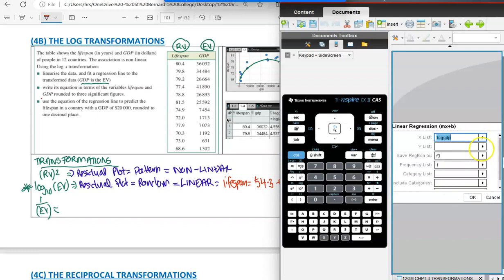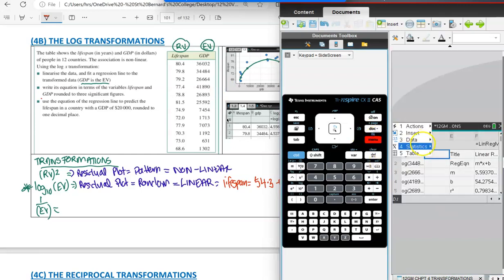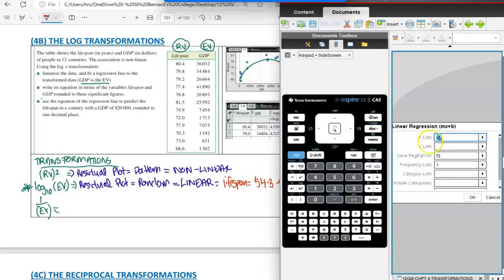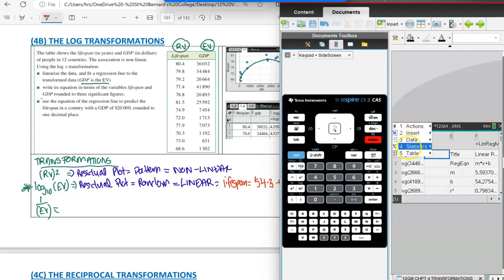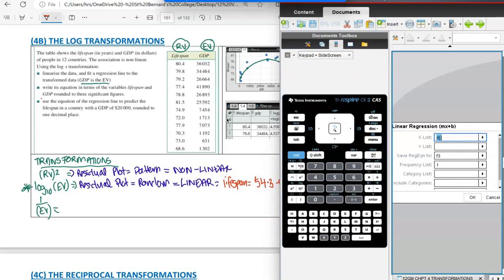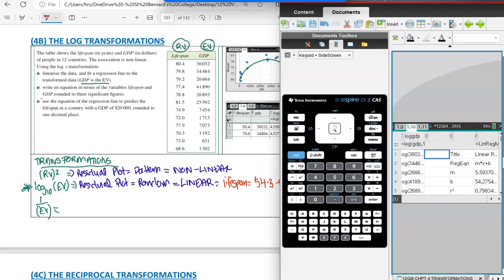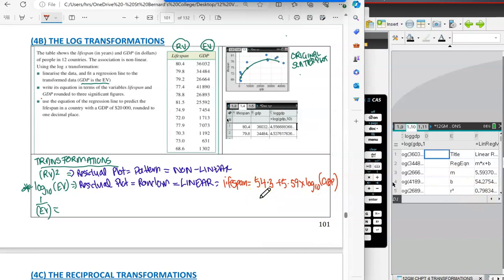Log GDP, lifespan, and I did the wrong one again. Sorry, I keep picking the M1. But there's the A. Sorry, this is actually A and this is B. Okay? And the R squared's there. R squared is, I'm just going to round it, 80. So it's fairly strong.